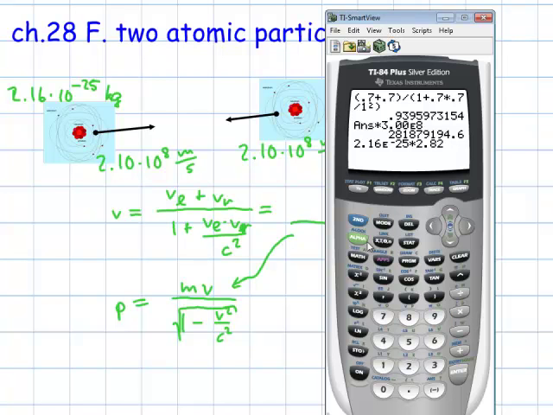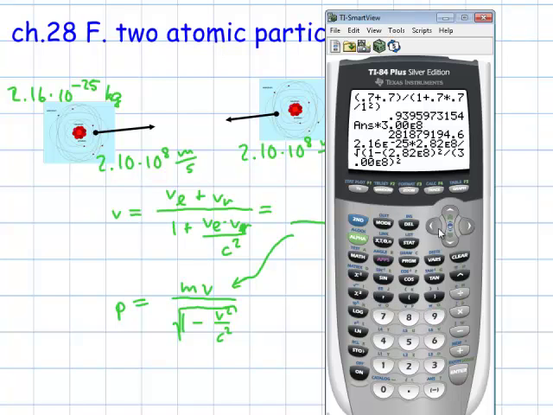2.82 times 10 to the 8th meters per second, divided by the square root of 1 minus, in parentheses, 2.82 times 10 to the 8 squared divided by 3.00 times 10 to the 8th squared.